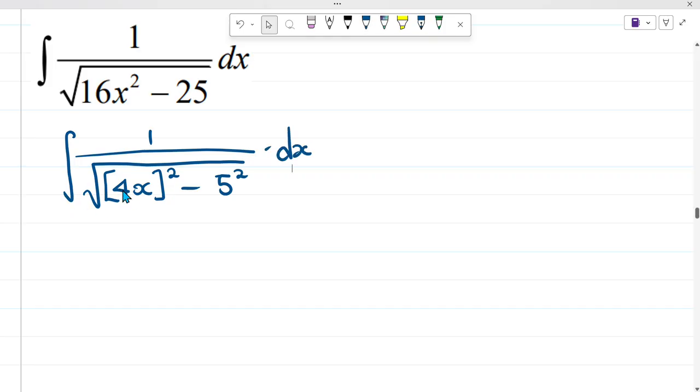So already we can see that this format of having a square root in the denominator and what squared minus a squared is the format of hyperbolic cos inverse, right? Hyperbolic cos inverse.